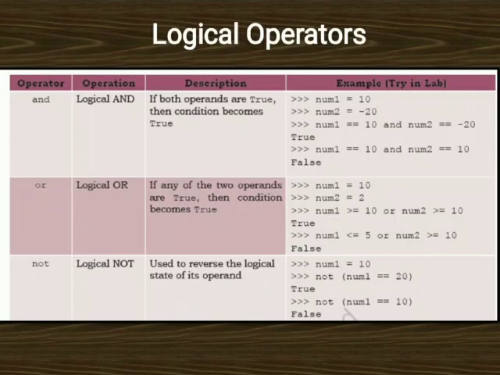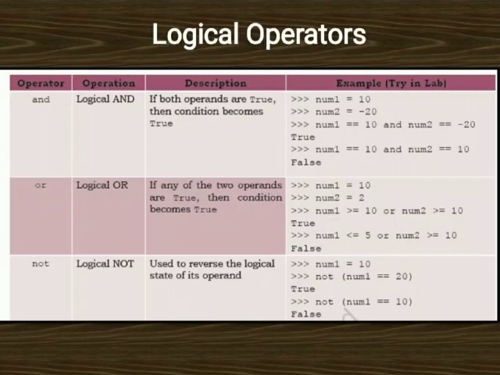Now let us consider the second case. Num1 is less than or equal to 5. Is 10 less than or equal to 5? The condition comes out to be false. No, 10 is not less than 5. So the condition is false. Second expression, num2 is greater than or equal to 10.